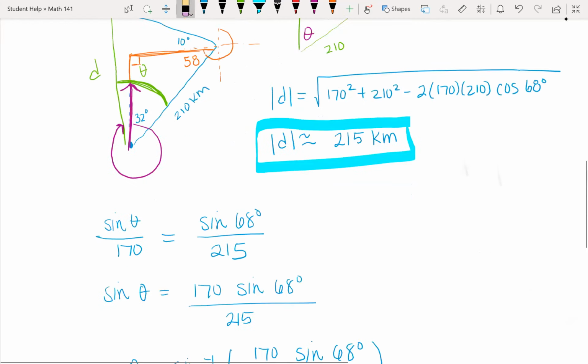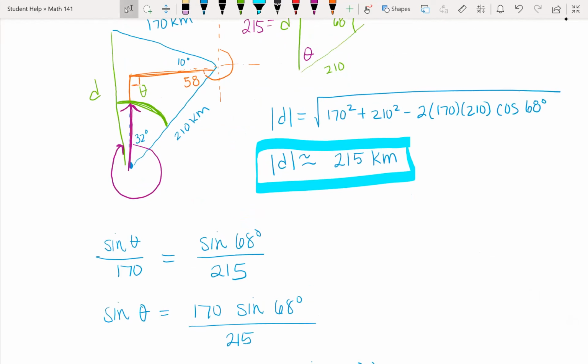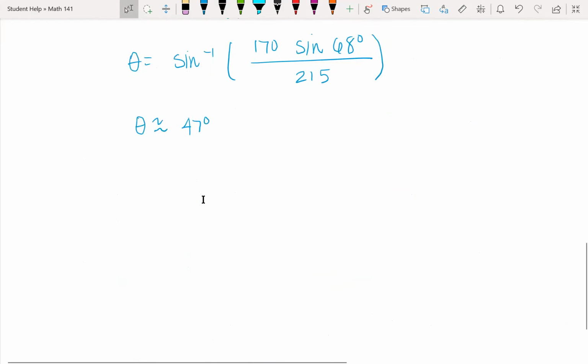Hang on. I think I can copy that. And paste it. Ooh, I'm getting crafty now. There we go. Okay.